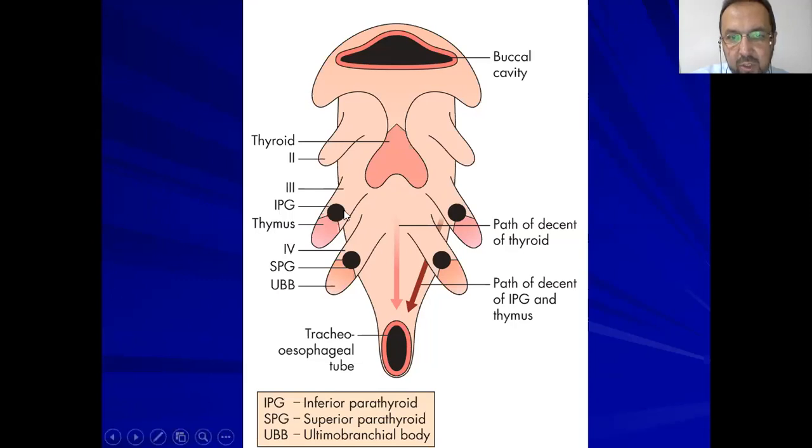Through the altimobranchial body, which is present here in the 4th branchial arch, and shares in the embryology of the thyroid gland. What is the altimobranchial body? Altimobranchial body is a collection of neural cells migrating from what is known as the neural crest. The neural crest is the part which develops in early life into the nervous system.